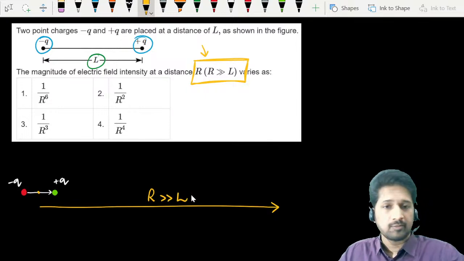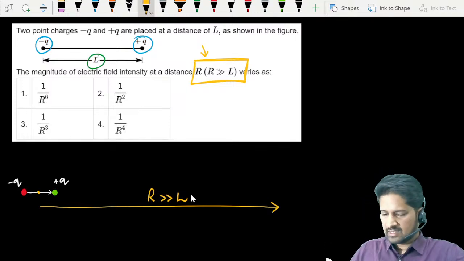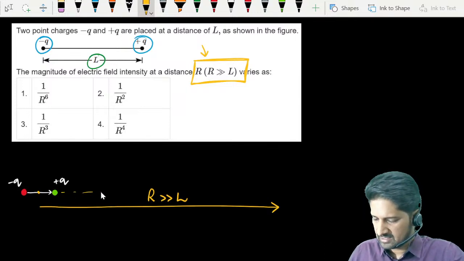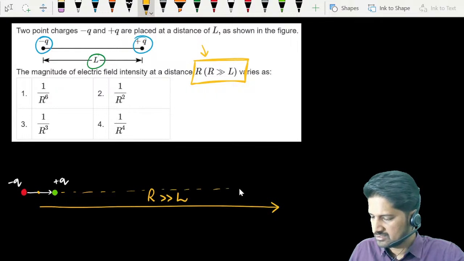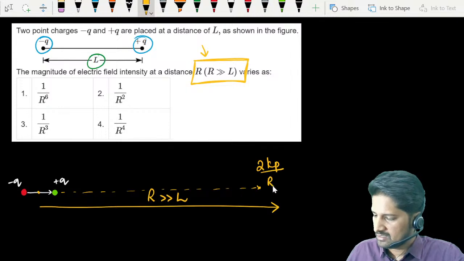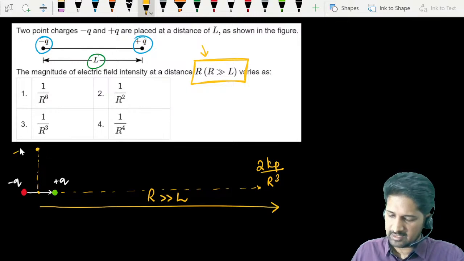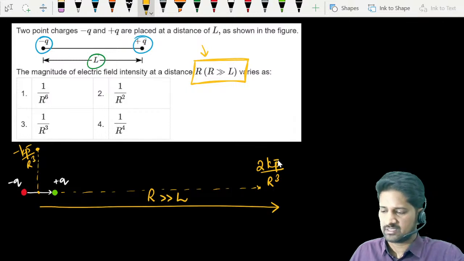Now the electric field produced by an electric dipole on its axis, at a large distance on its axis, is 2kp divided by r cube. On the equatorial line at a large distance, it is minus kp divided by r cube, taking it as a vector.